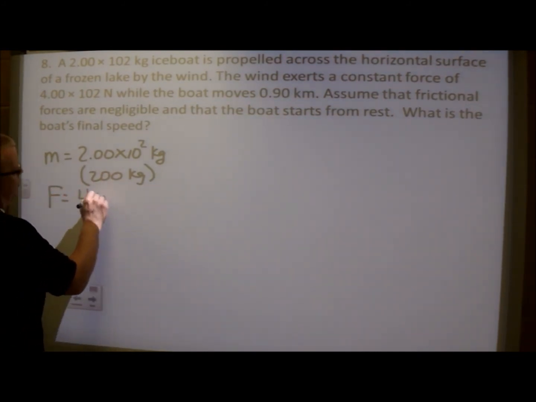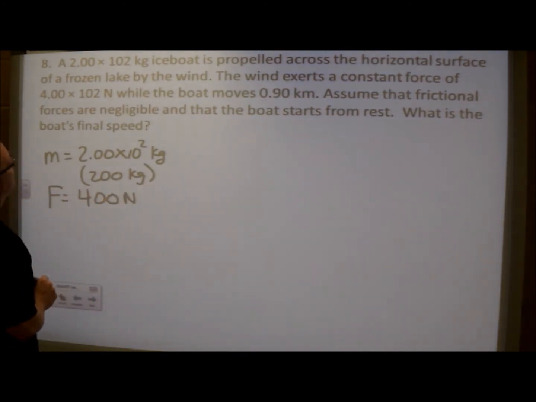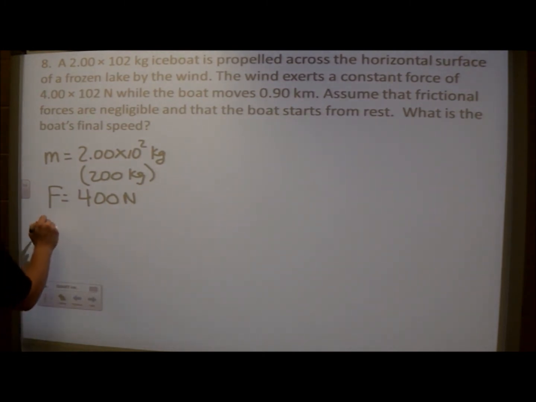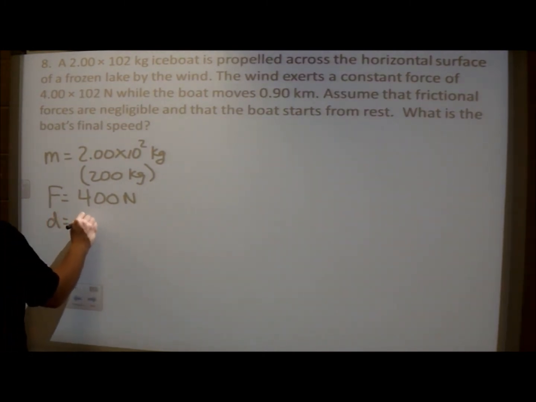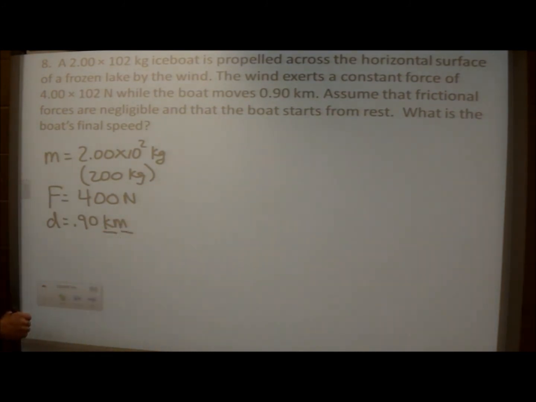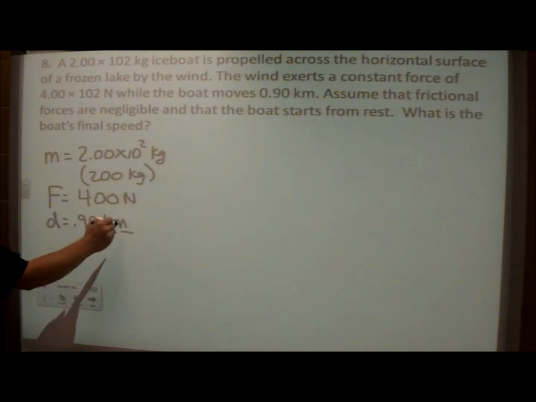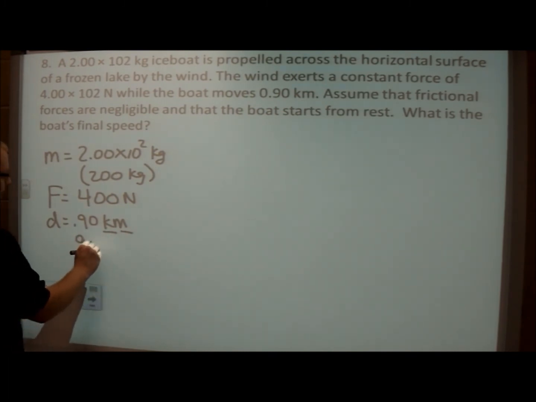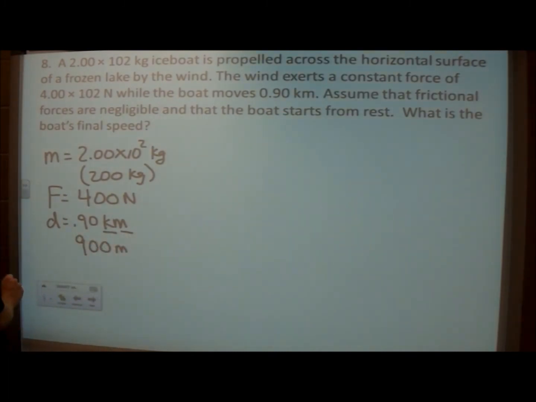I'm just going to call that 400 newtons instead of using the scientific notation. And the distance is 0.90 kilometers. Now I have a red flag right there because in all the energy I've got to use meters and not kilometers. So to go from kilometers to meters, I'm going to move the decimal place over 3 times and I get 900 meters.